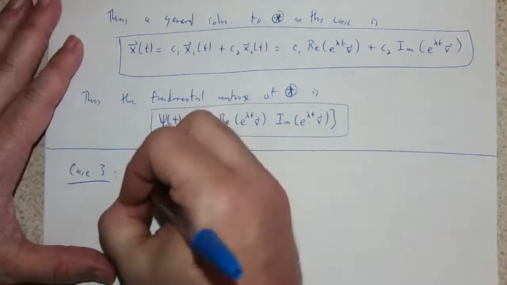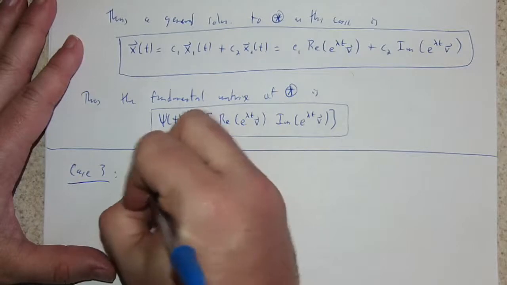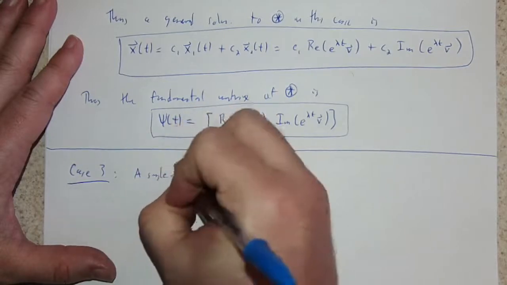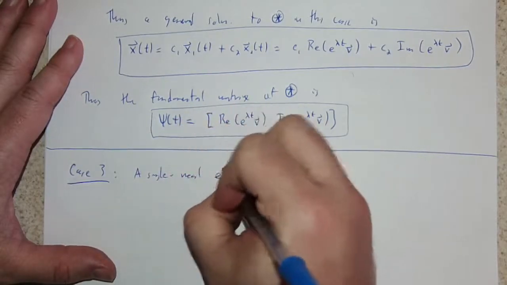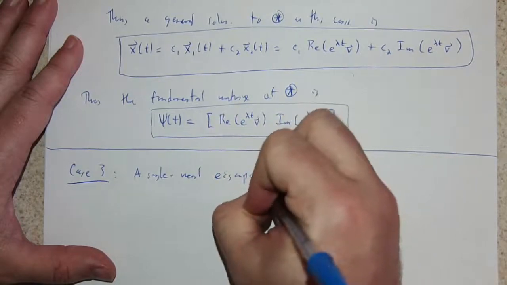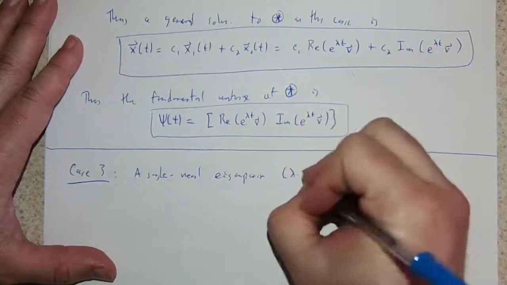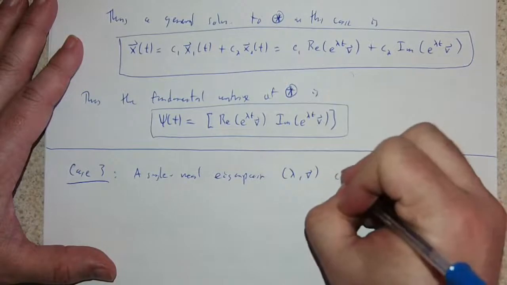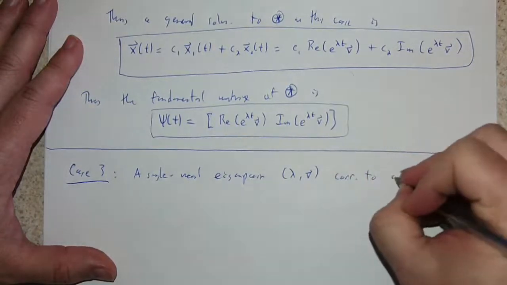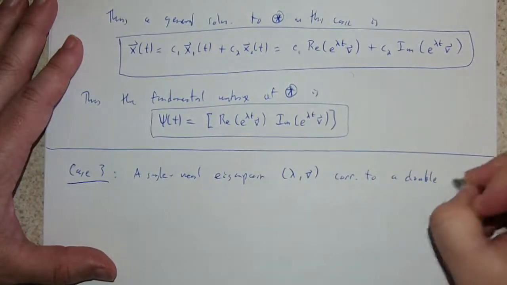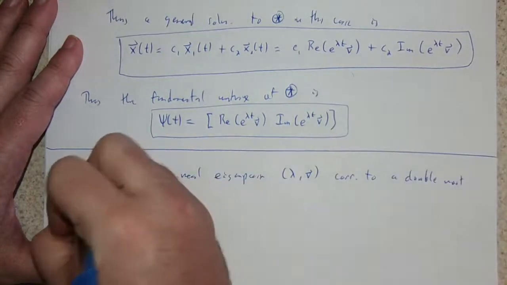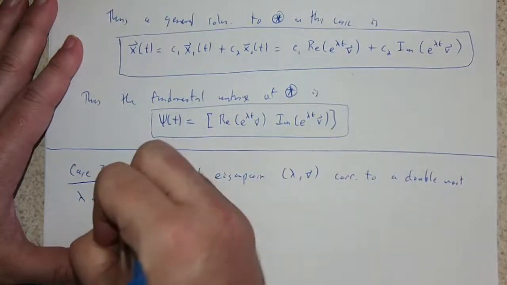So case 3, a single real eigenpair lambda, v corresponding to a double root lambda of the characteristic polynomial.